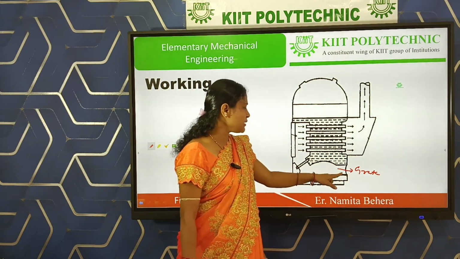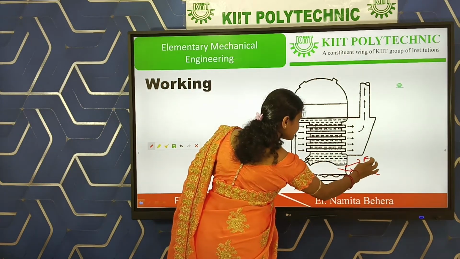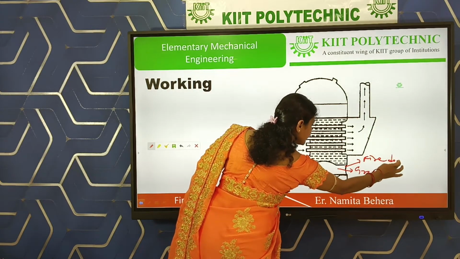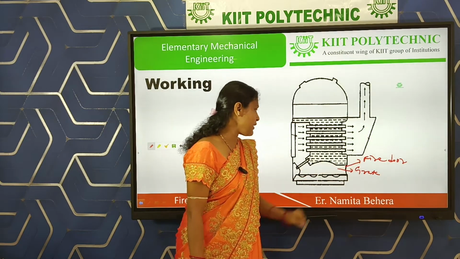Coal is introduced to the grate through the fire door. This is called a fire door.